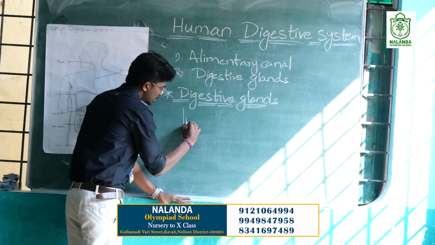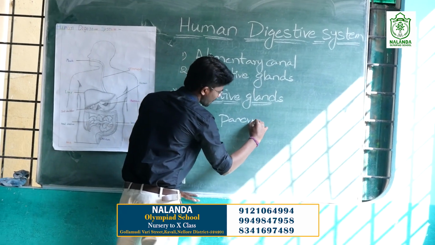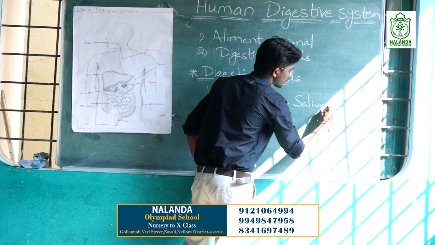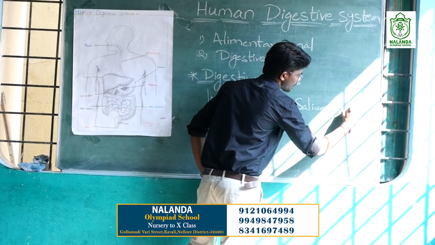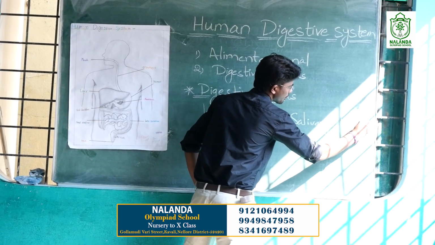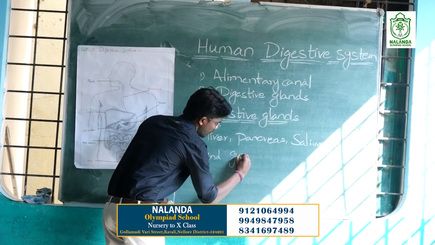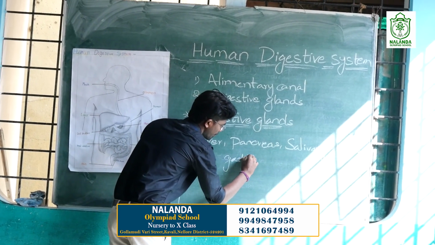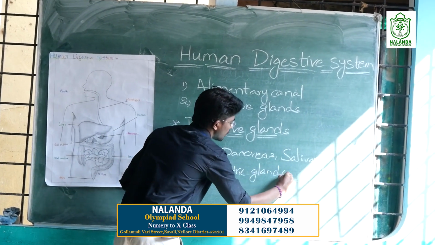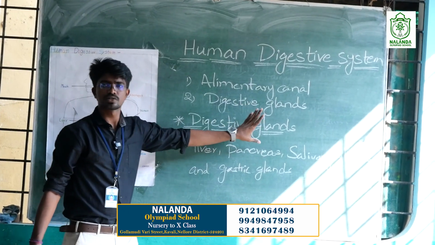They are liver, pancreas, salivary glands, and gastric glands. These are known as the digestive glands of the human digestive system.